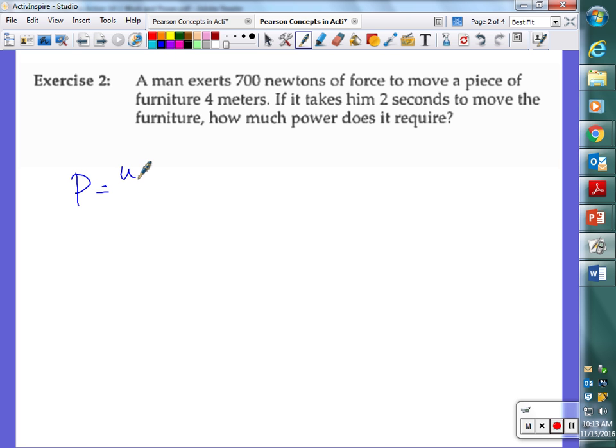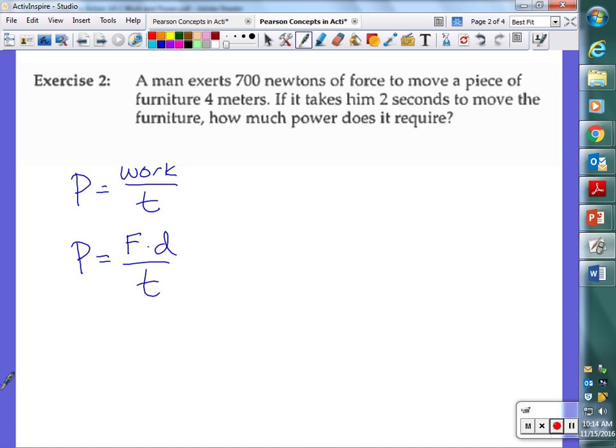So power is equal to work over time. But earlier in the period, we learned that to calculate the amount of work that's done, what do you need to know? Distance and force. So this equation, we can modify to look like this. Does that make sense?